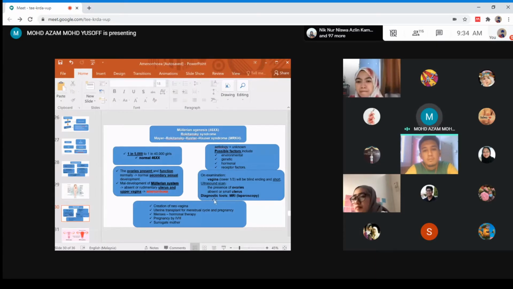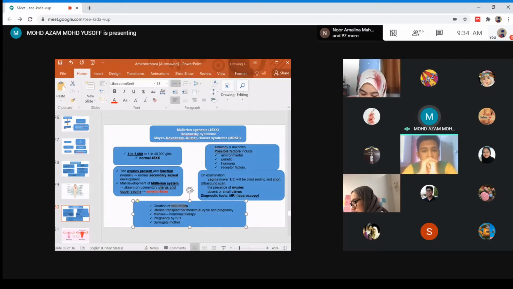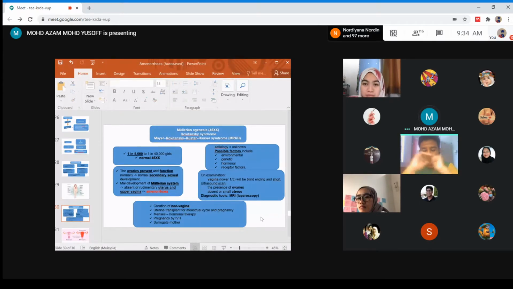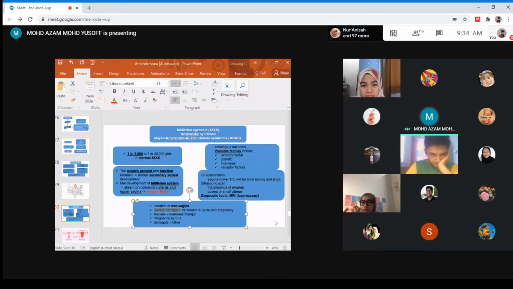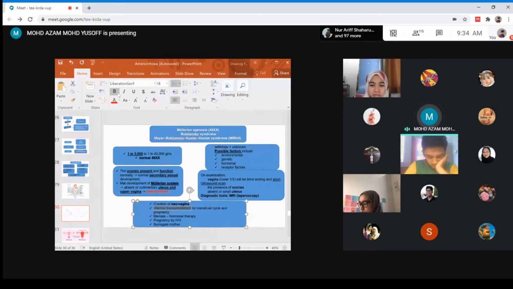Okay, so how to treat this patient? She has no vagina, so we have to create a new vagina for her. She doesn't have a uterus. Nowadays they talk about uterine transplant, like a heart transplant.